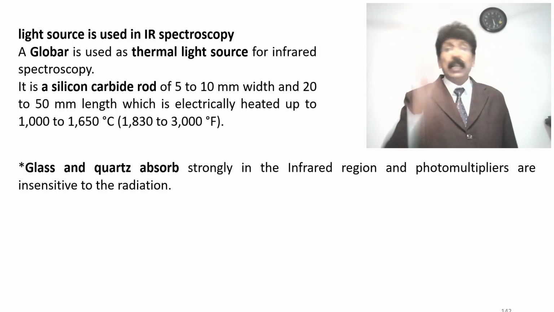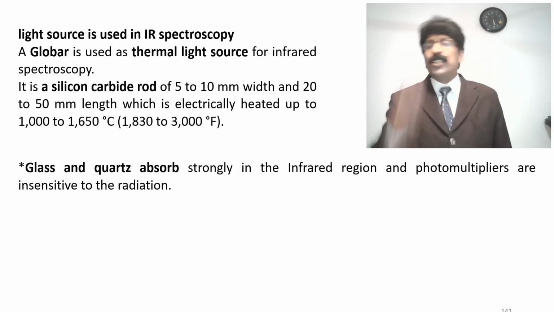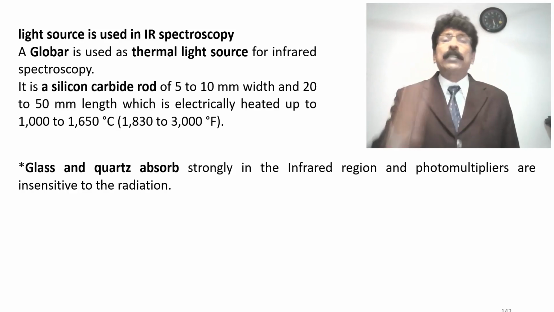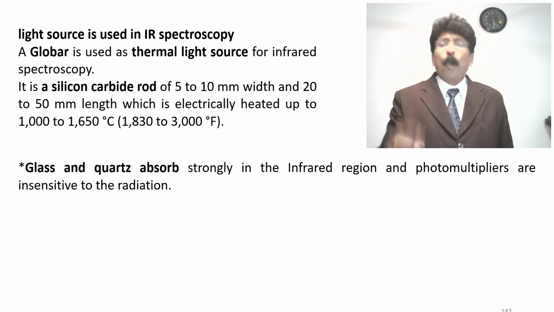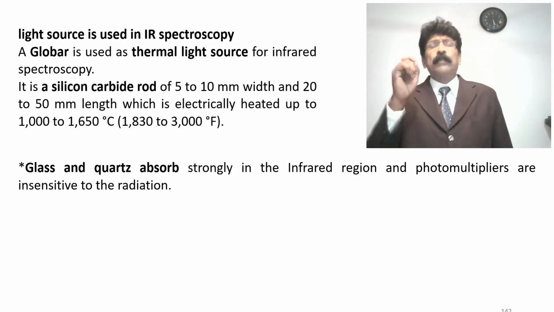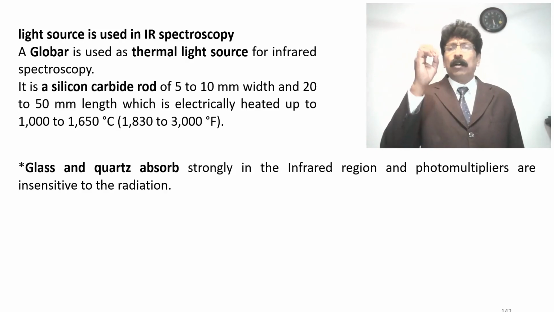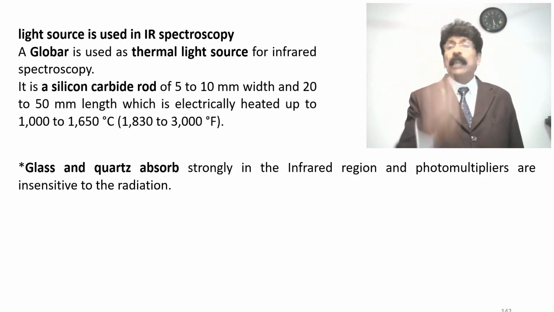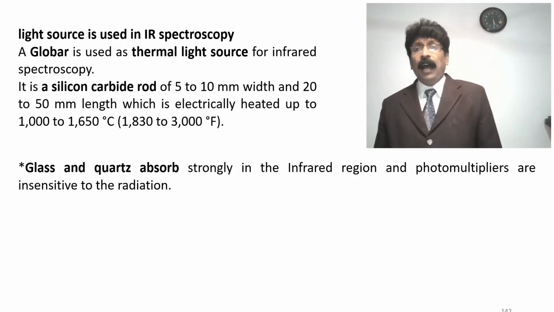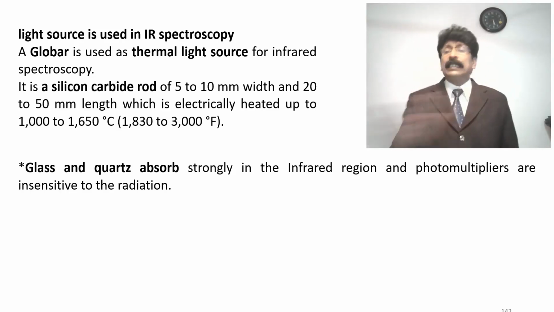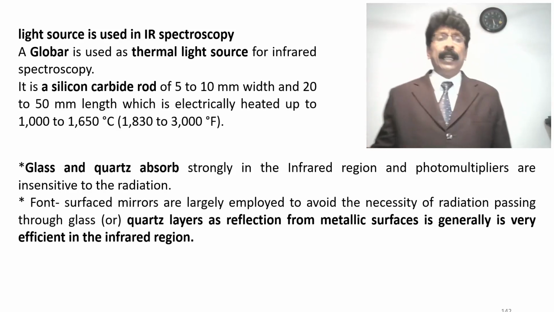And the important point to be considered is that glass or quartz material cannot be used inside the instrument, even including the cuvette or the probe which you use to supply the sample. Glass and quartz absorb strongly in the IR region, and the photomultiplier detector cannot be used as it is insensitive to IR radiation.